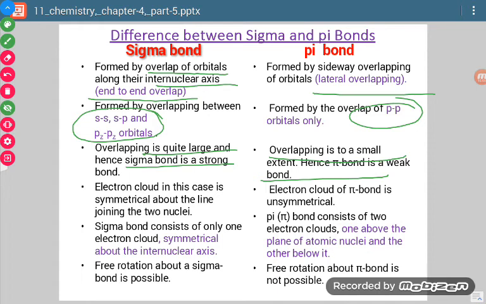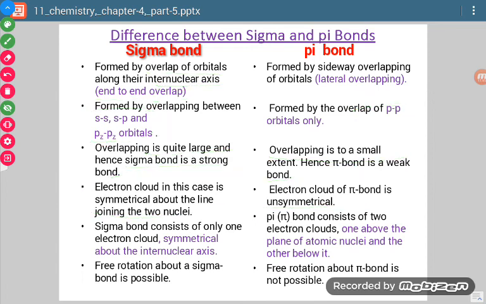Okay, electron cloud in this case is symmetrical about the line joining the two nuclei. It means that if we see from the internuclear axis, there will be equal portions on both the sides. Okay, so that means it is symmetrical about the line joining the two nuclei, but in case of pi bond, such symmetry cannot be seen.